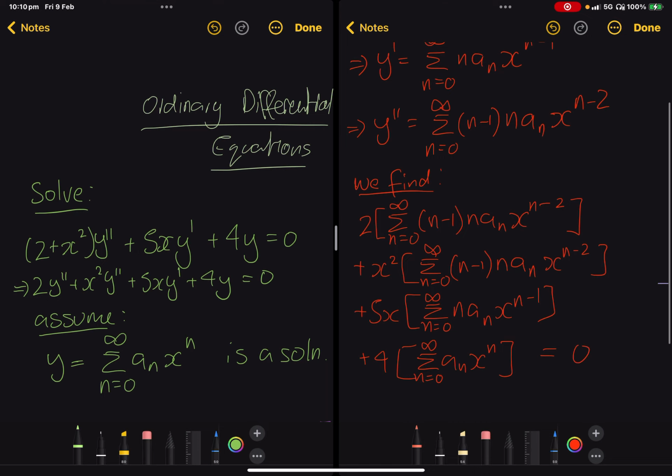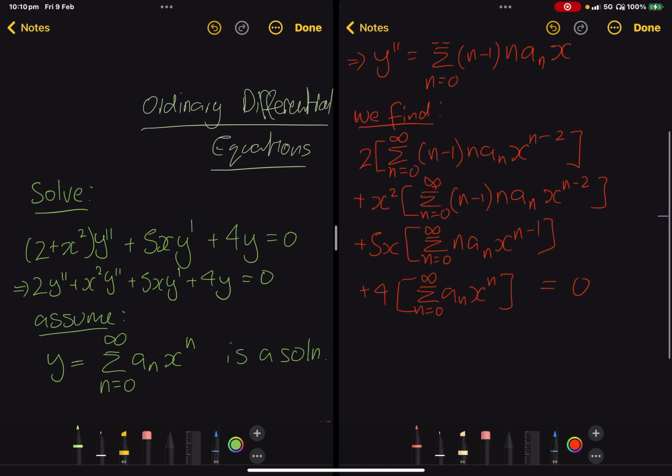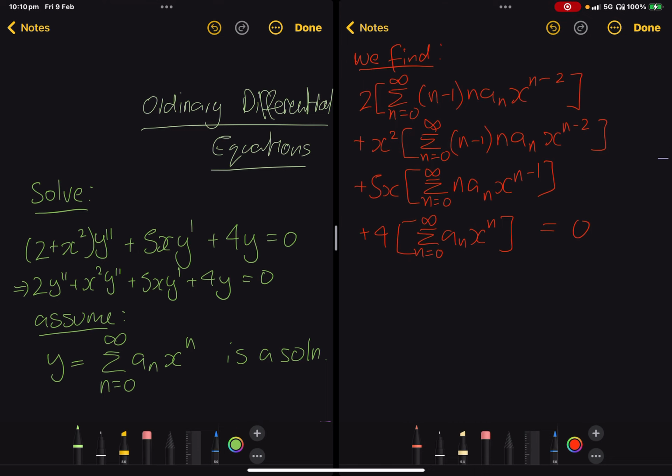all equal to 0. So now what we're going to do is rearrange all of these. We're going to put these terms into our summation forms.